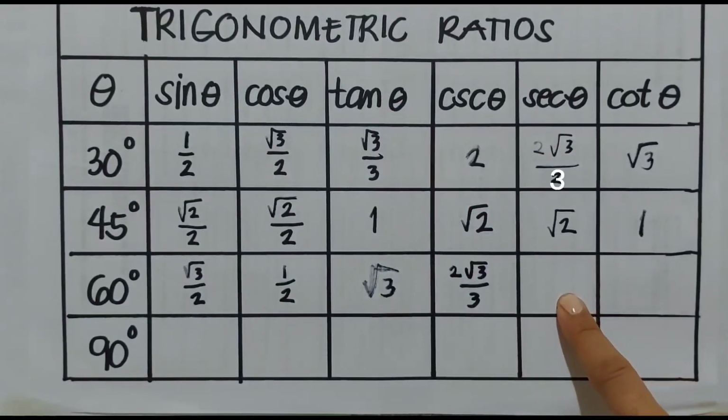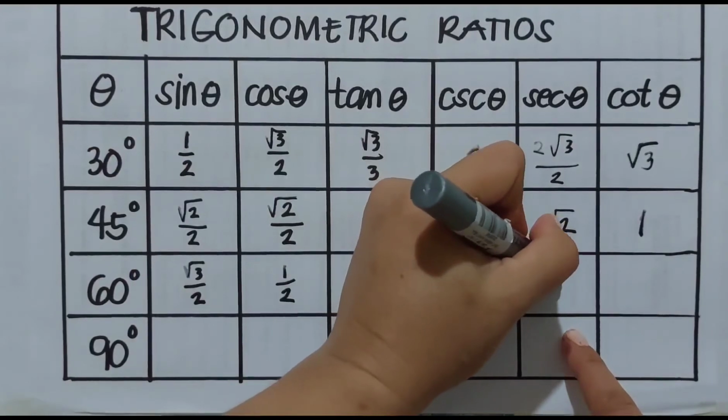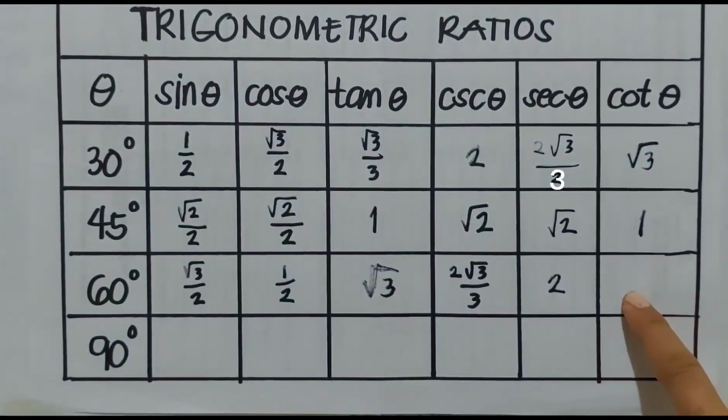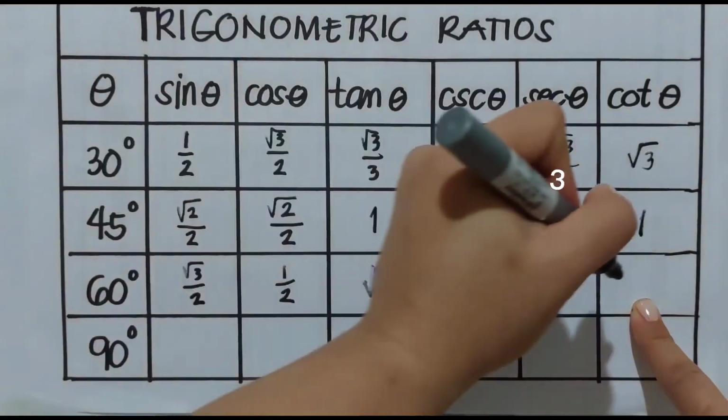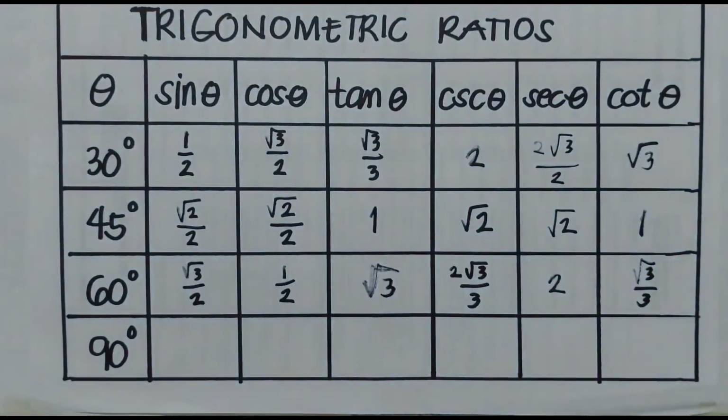Secant 60 degrees is the inverse of cosine. Since it is 1/2, it is just 2. Then, the inverse of square root of 3, so we have here cotangent 60 degrees is square root of 3 over 3.